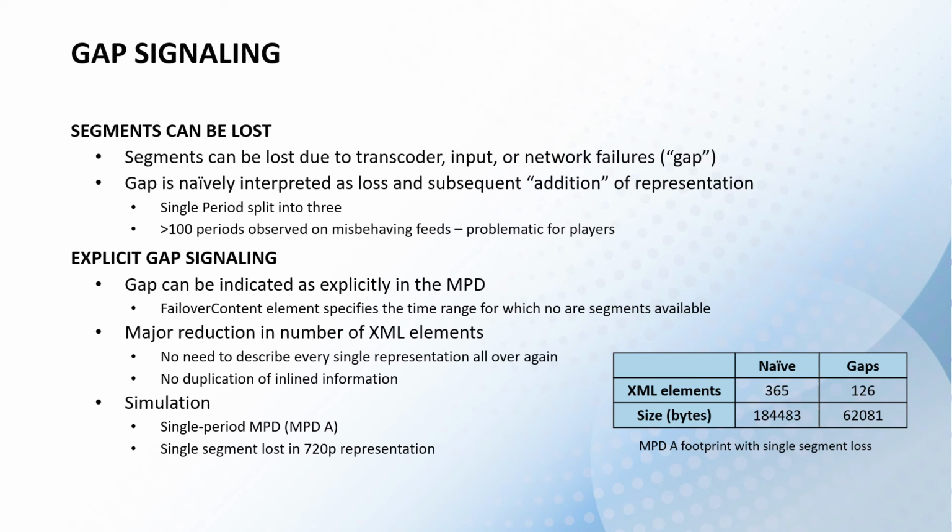In addition to making things more functional, it also reduces the number of XML elements you need to express the same thing, and it's pretty drastic: from, let's say, 126 in an example we worked with, down from 365. And then it also reduces the size. We can do something that is 62 kilobytes instead of something that is 184. In both cases, it's a pretty decent improvement in terms of footprint.